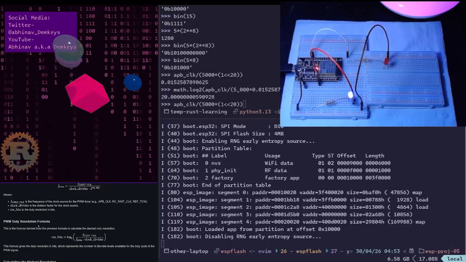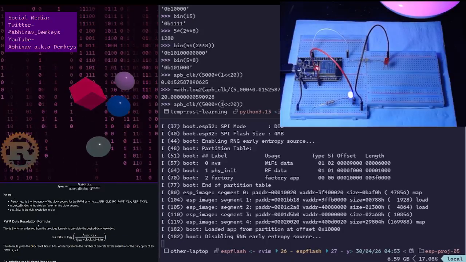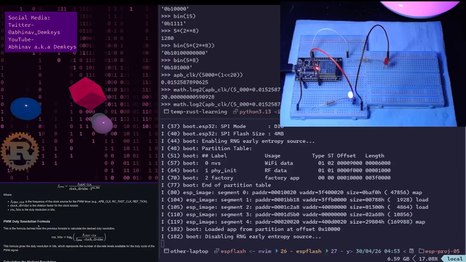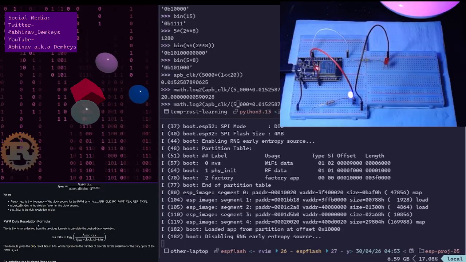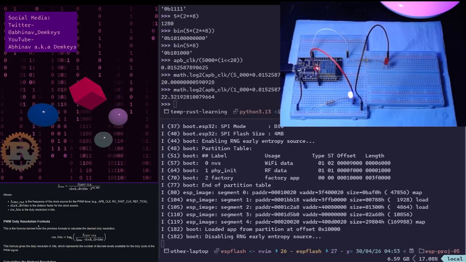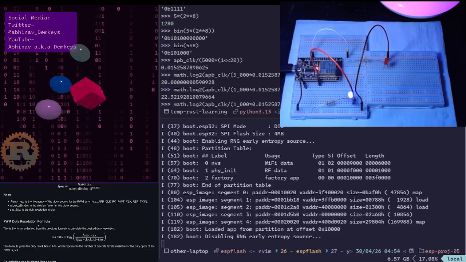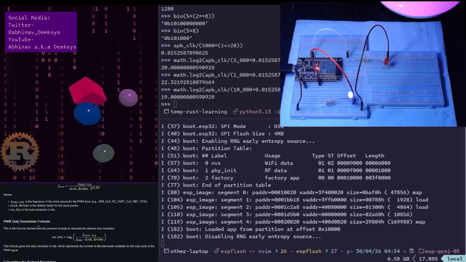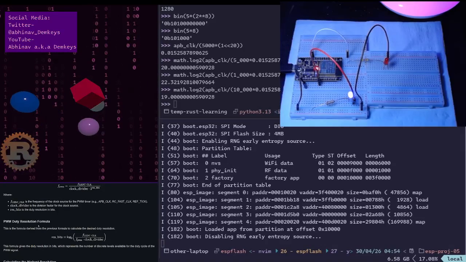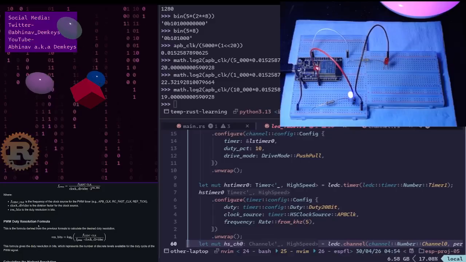Okay, let's take this down to 1K. Oh, actually, we could feed it in here. That's a bad idea. Let's take it up to 10K. That makes it 19. So I'm going to try one more thing here.